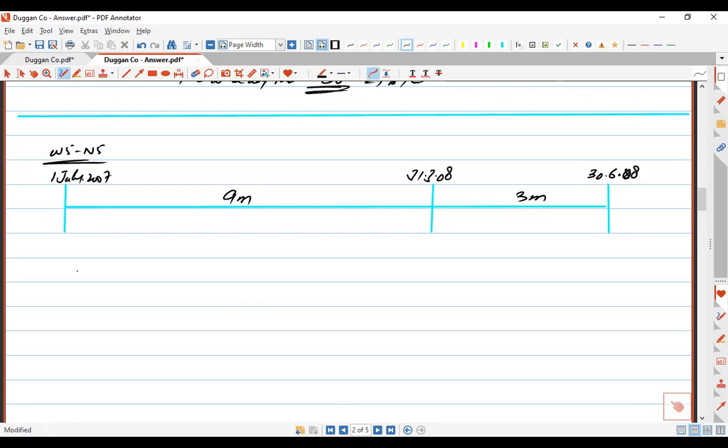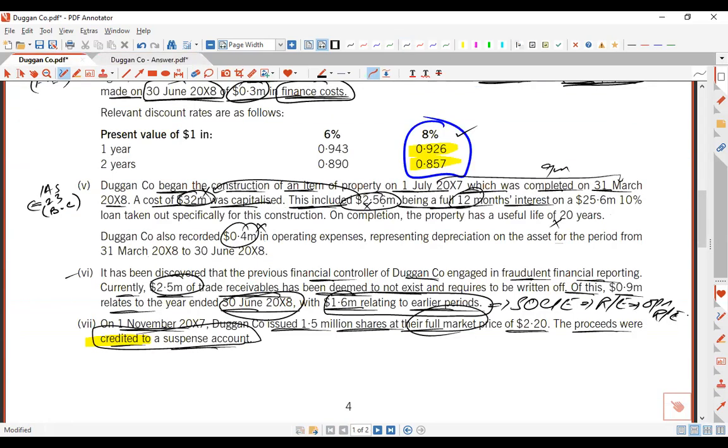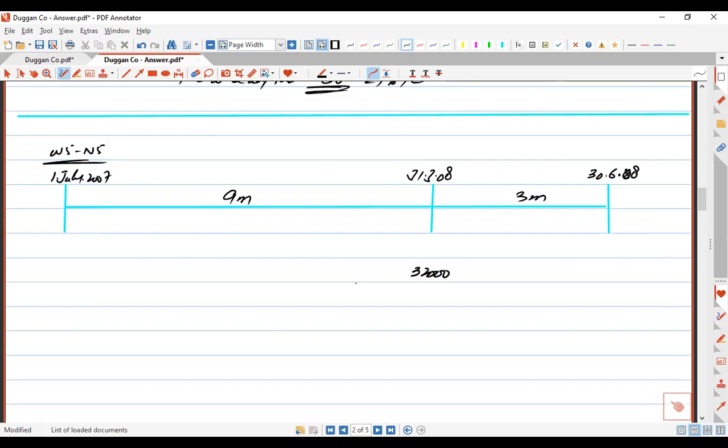So the total cost is 32 million, and in this amount 2560 is added wrongly. To make it correct, we are deducting the whole amount as included.